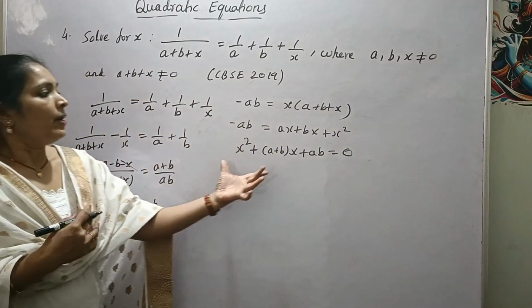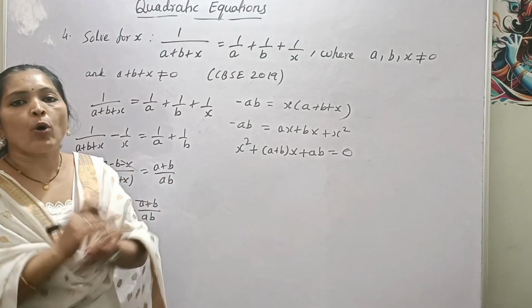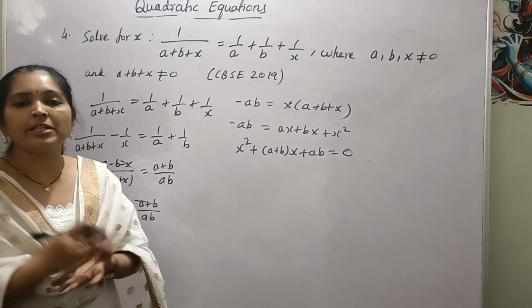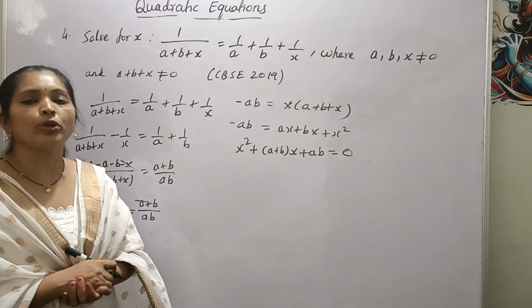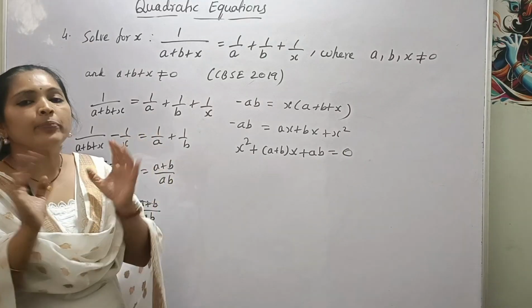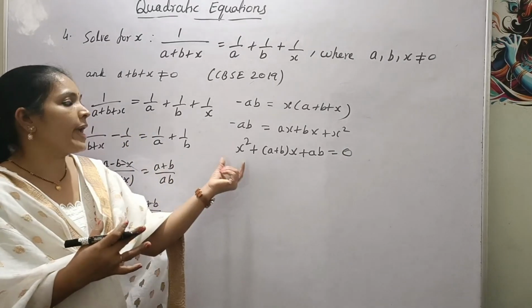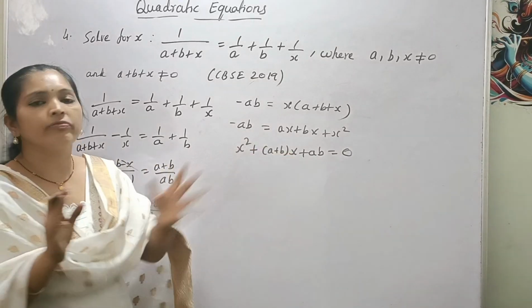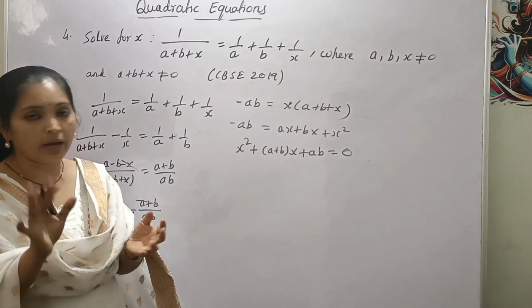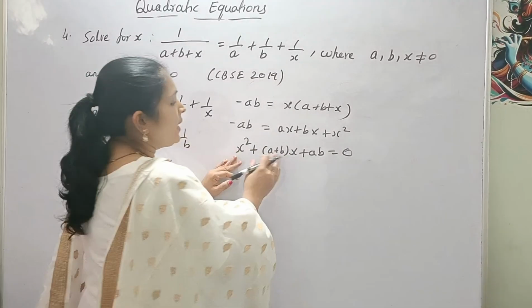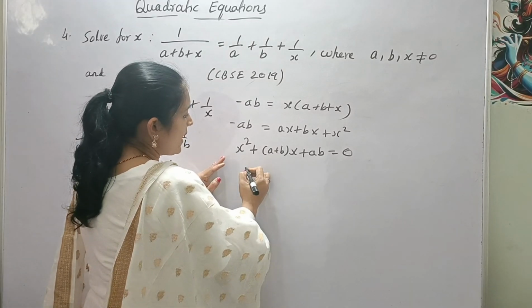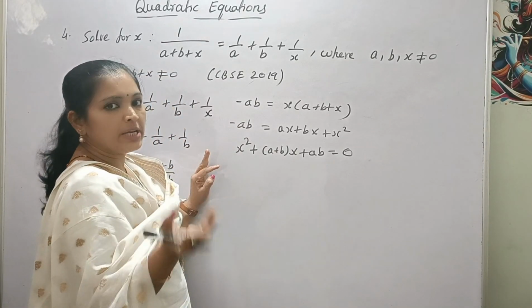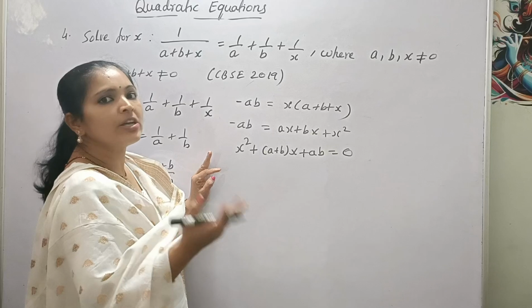So here we know that for a quadratic polynomial, if alpha and beta are the zeros, then the quadratic polynomial will be of the form x square minus alpha plus beta into x plus alpha into beta. Then if alpha and beta are the solutions, x minus alpha is the factor.